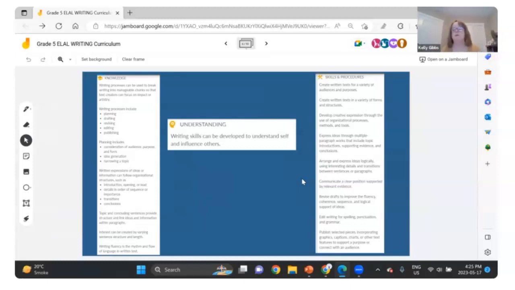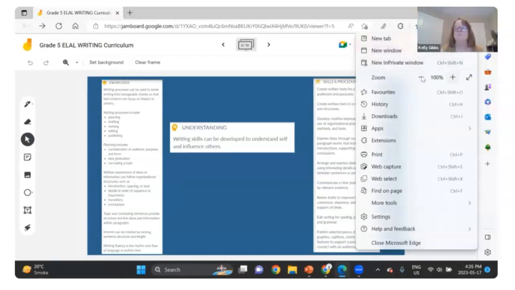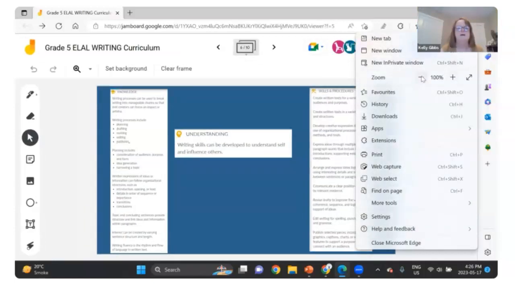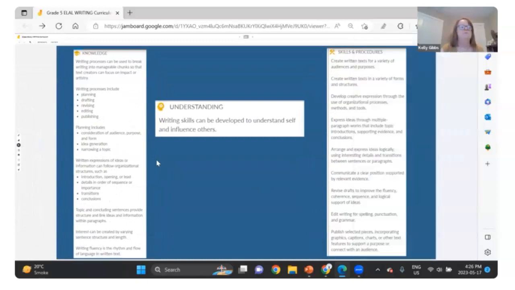And so when we get to the knowledge, I couldn't make that any bigger, so I apologize for that. Well, actually, no, that was not the right way to go. I can make this page itself bigger. Writing processes can be used to break writing into manageable chunks, so text creators can focus on impact or artistry.